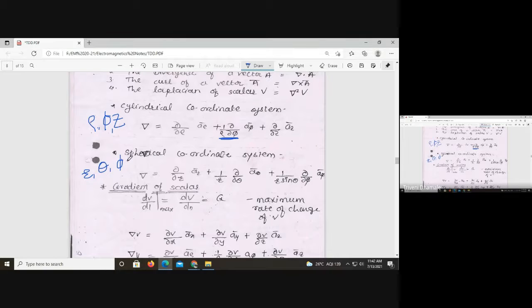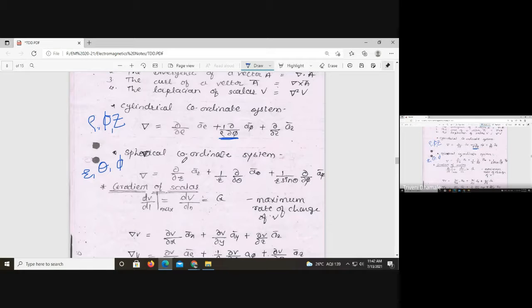It is r sine theta d phi. So 1 upon r sine theta, partial derivative with respect to phi, a phi cap. So that is the del operator in cylindrical coordinates and the del operator in spherical coordinates.